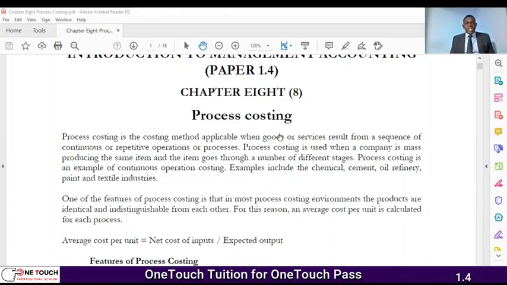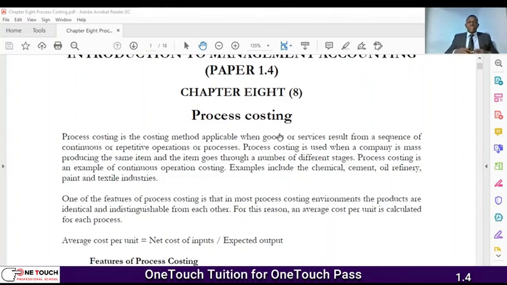Now, one of the features of process costing is that in most process costing environments, the products are identical and indistinguishable from each other. For this reason, an average cost per unit is calculated for each process, because the items are identical in nature and cannot be differentiated.